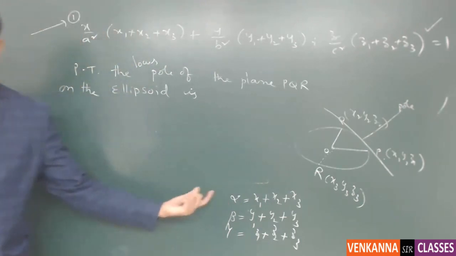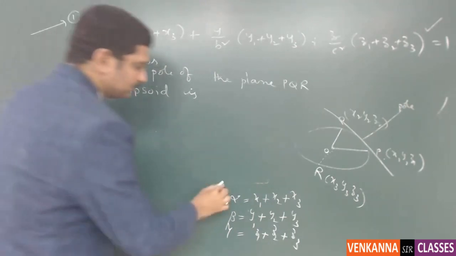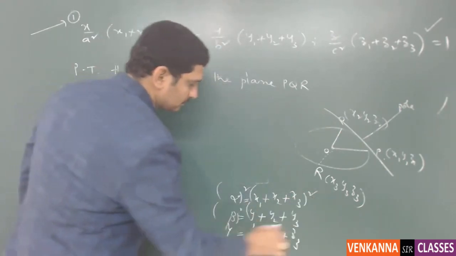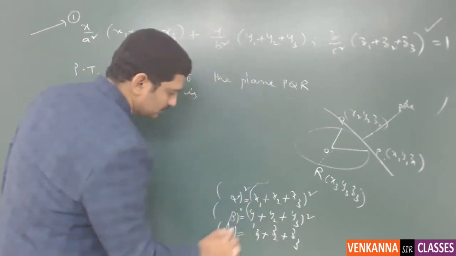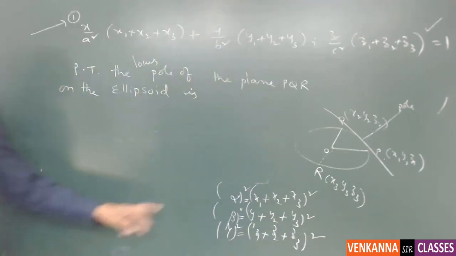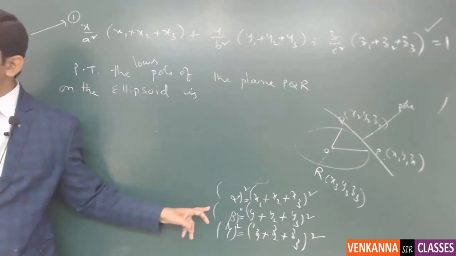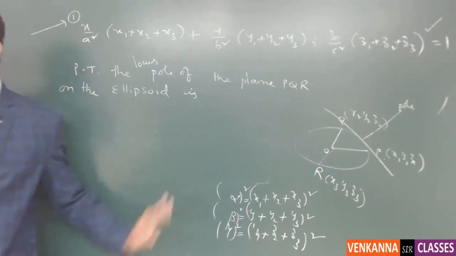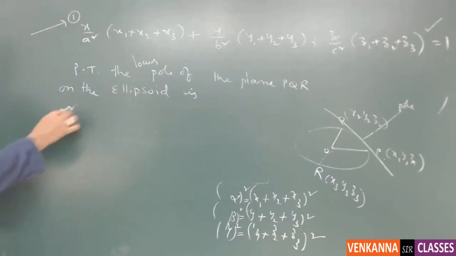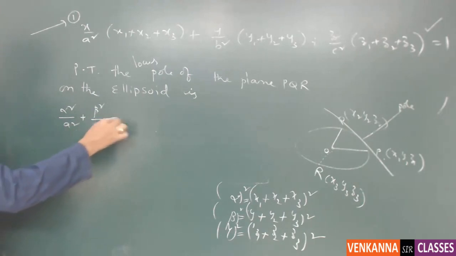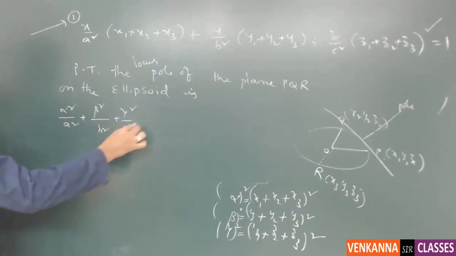So you take squaring on both sides. And first one, you divide with a square. Second one, you divide with b square. Third one, you divide with c square. So I am considering alpha square by a square plus beta square by b square plus gamma square by c square.